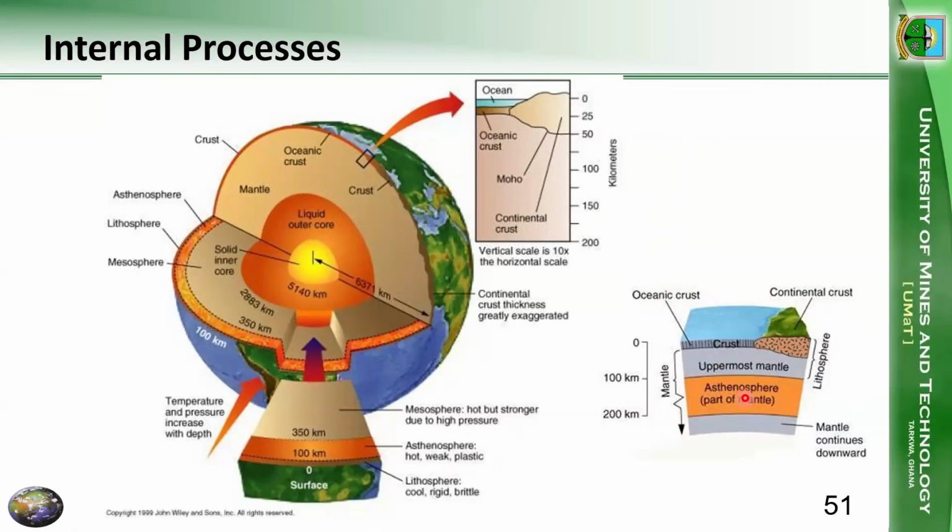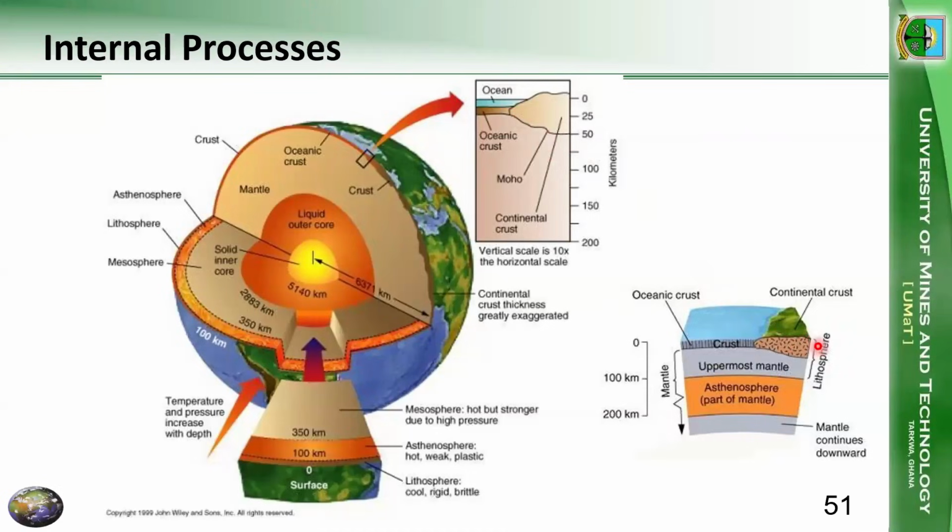All right. So we have the crust, the mantle, and the core. The crust can be divided into two: the oceanic crust and then the continental crust. Beneath the crust, we have the mantle.